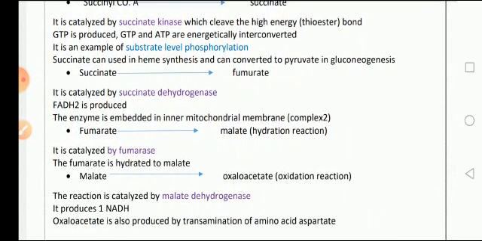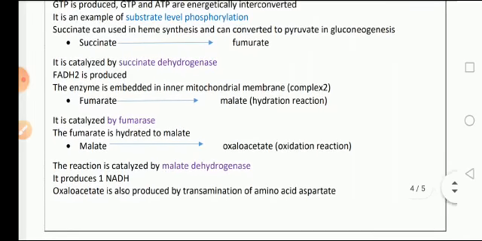Here's an important note. Before going to the note, remember that this reaction is catalyzed by succinate dehydrogenase, which is embedded in the inner mitochondrial membrane. And here's the note. This enzyme acts as complex 2 in the ETC.